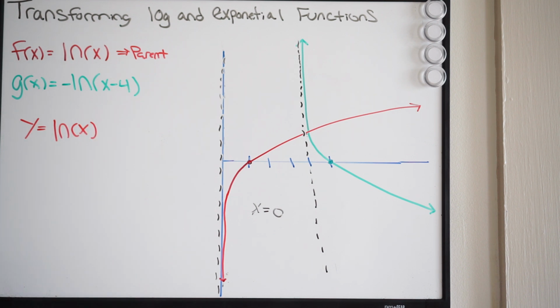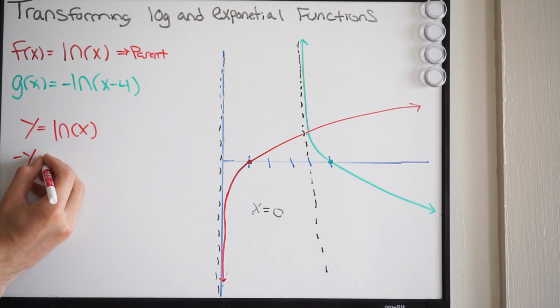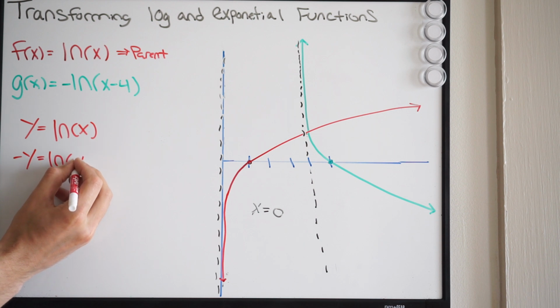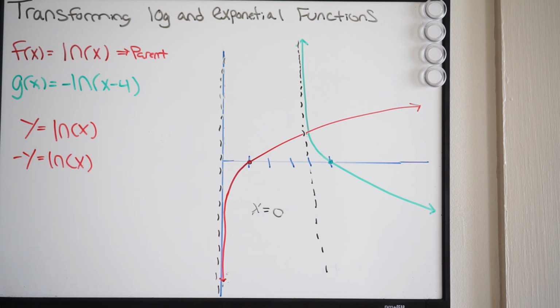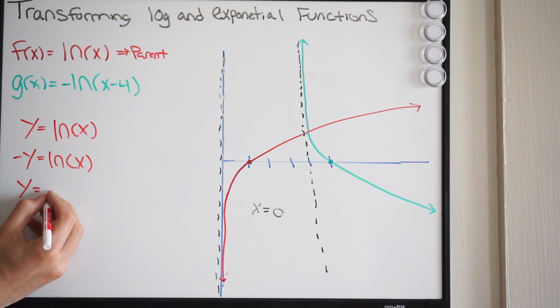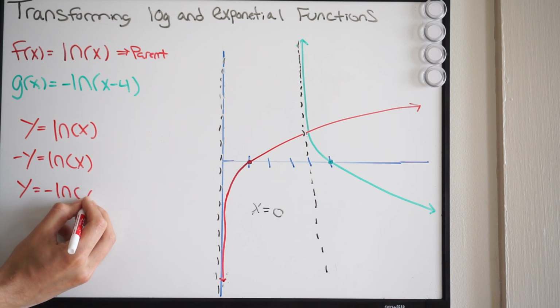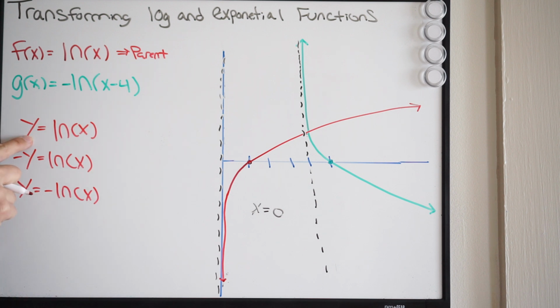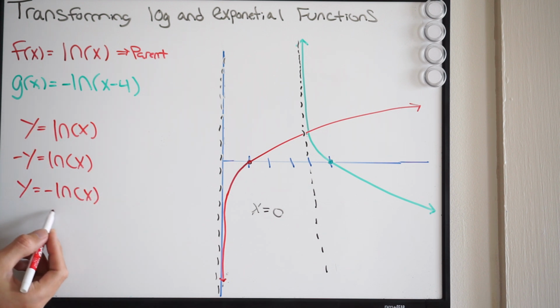And then I said I want to reflect it across the x-axis, so I make the y negative here. So negative y equals ln of x. We can't leave it like that, so we divide by the negative. So our final answer here is y equals negative ln of x. So if we wanted to reflect this across the x-axis, this is what we would put in.